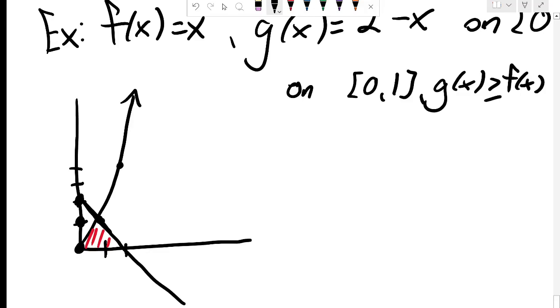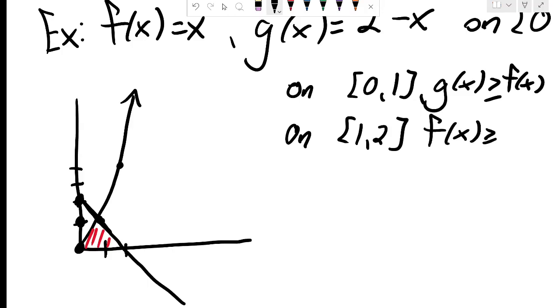And then on 1, 2, they switch. x squared now is the larger one, so on that part, f of x is greater than or equal to g of x.